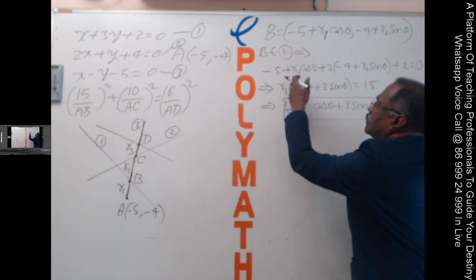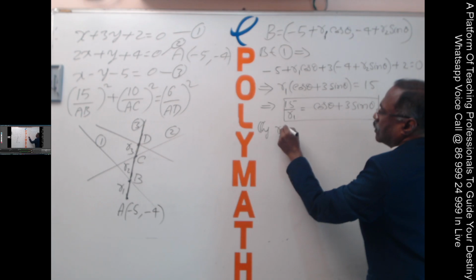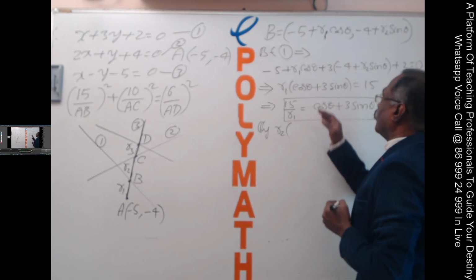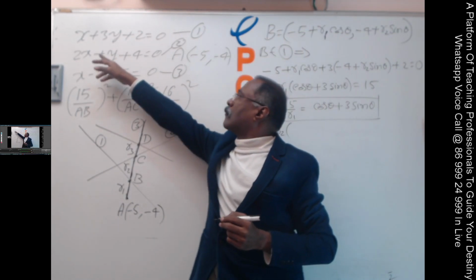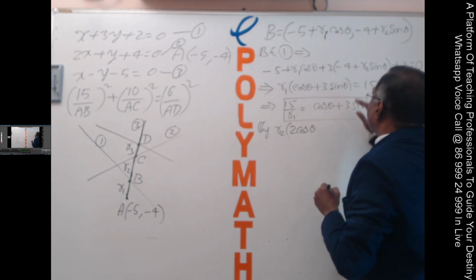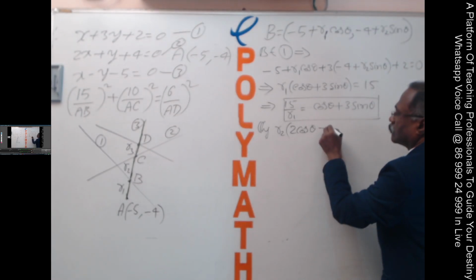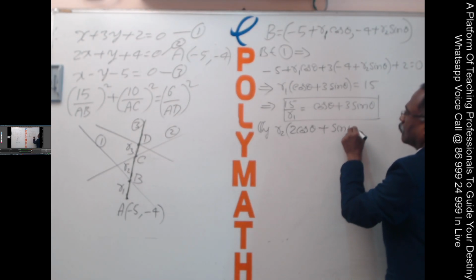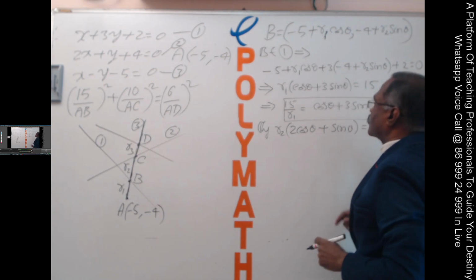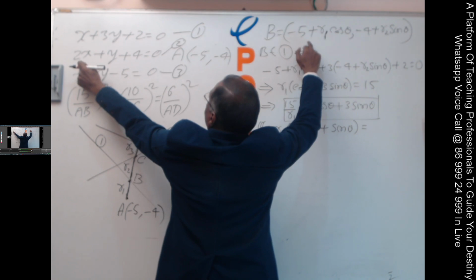Now, in the similar manner, I am writing directly R2 into, if you substitute this here, 2 cos theta plus sin theta is equal to, let us count, 2 into minus 5, minus 10.